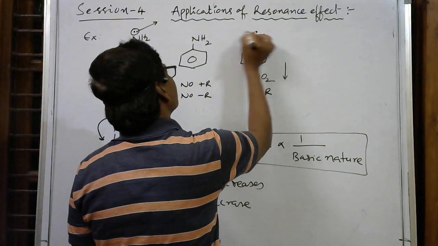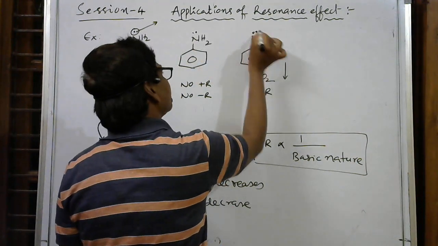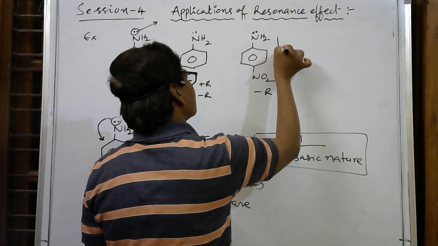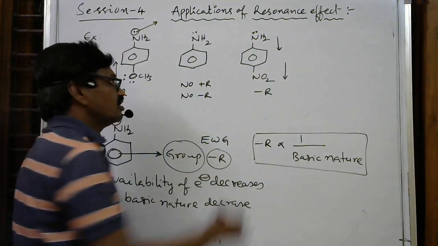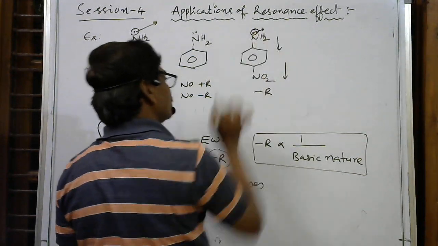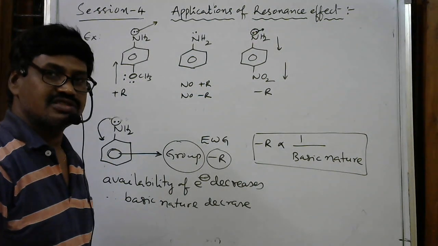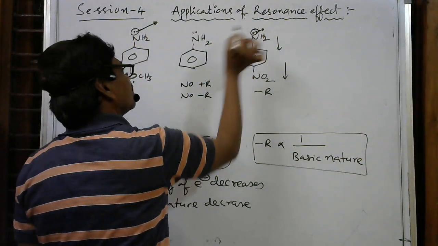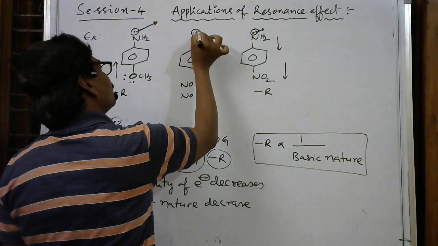So here electron density decreases. Whenever electrons are moving towards the group, electrons are coming from nitrogen to the ring. So here the availability of electrons decreases, so it is not easy to lose or donate electrons. Here I draw a lengthy arrow, here just normal, so this is somewhat more.